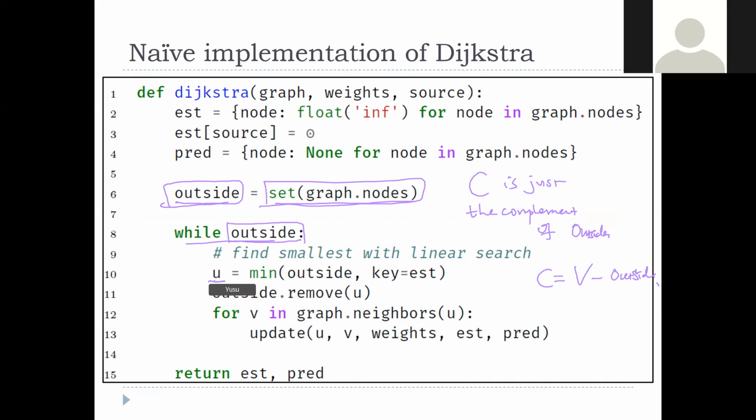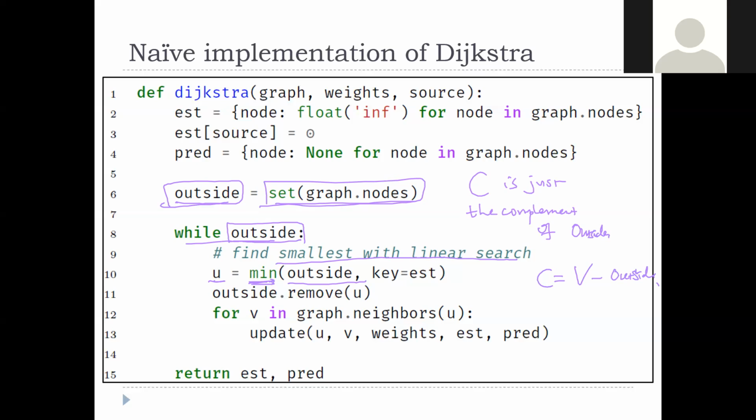Number two, we have to find the node with the smallest distance estimate. I can just use a linear scan, linear search. That's the easiest way to find a min or a max. As we talked about before, I'm simply going to use linear search to find the minimum of all the nodes outside, where the key is the estimated distance.